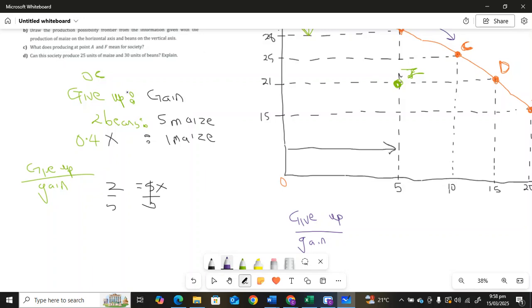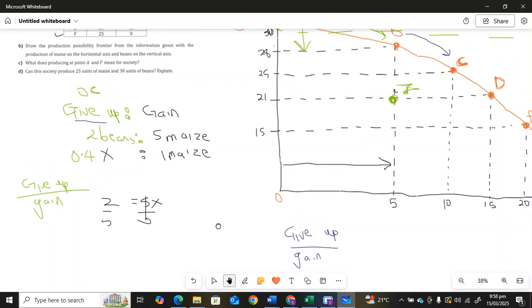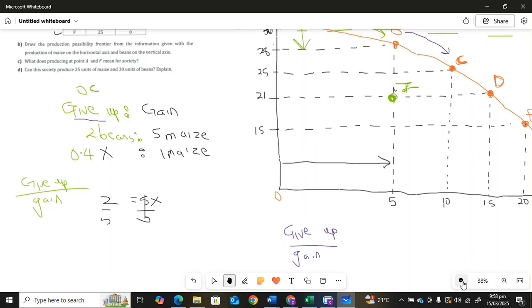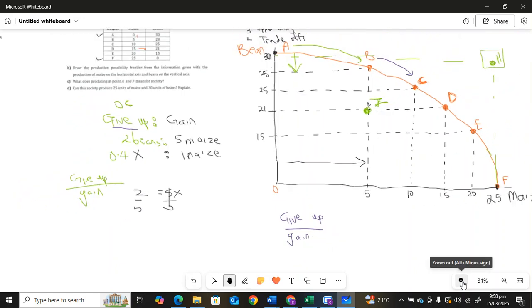But if you're still grasping it, you can put it like this. On the left hand side, put give up. On the right hand side, put gain. So first, what's the overall opportunity cost, before we go to the per unit?